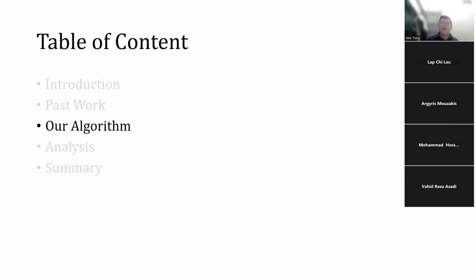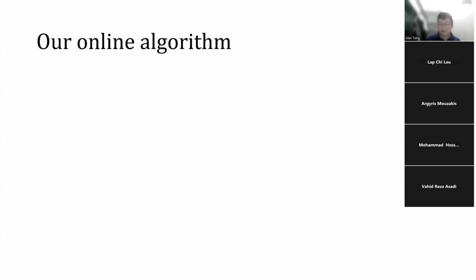So for our algorithm, we're going to do something like this, but we need to compute the probability of including the hyperedge that just arrives using previous information. So here's our algorithm. I'm just going to walk through it.